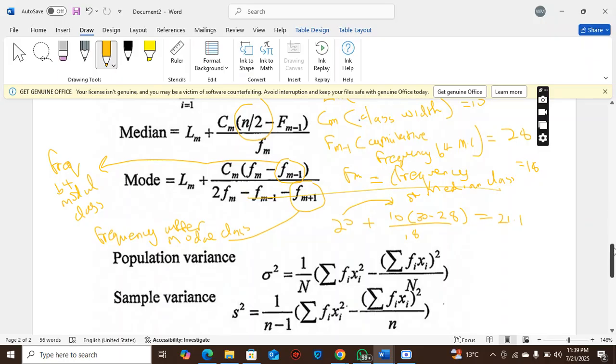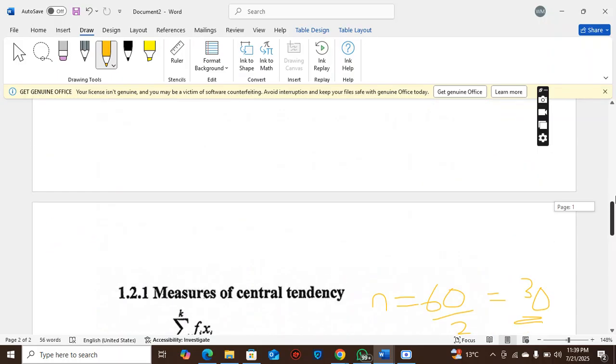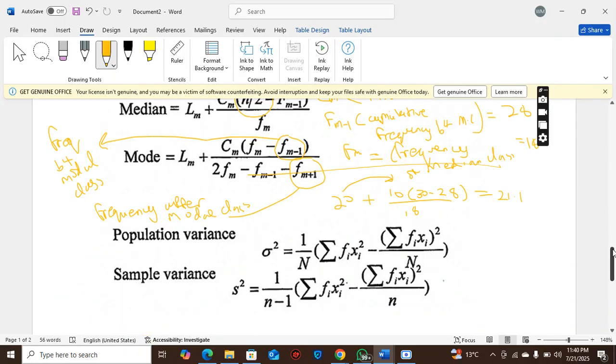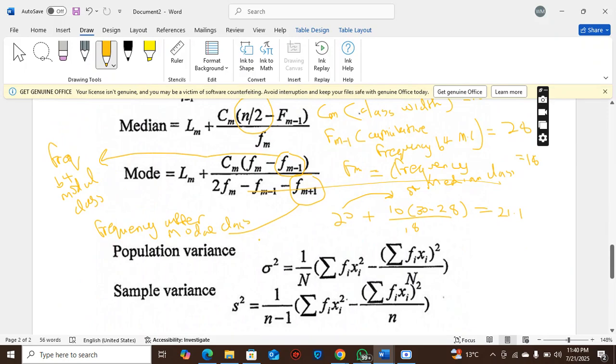So we find these figures here, then we calculate. So, colleagues, what's the lower limit? 10. LM is 10. Class width also 10.